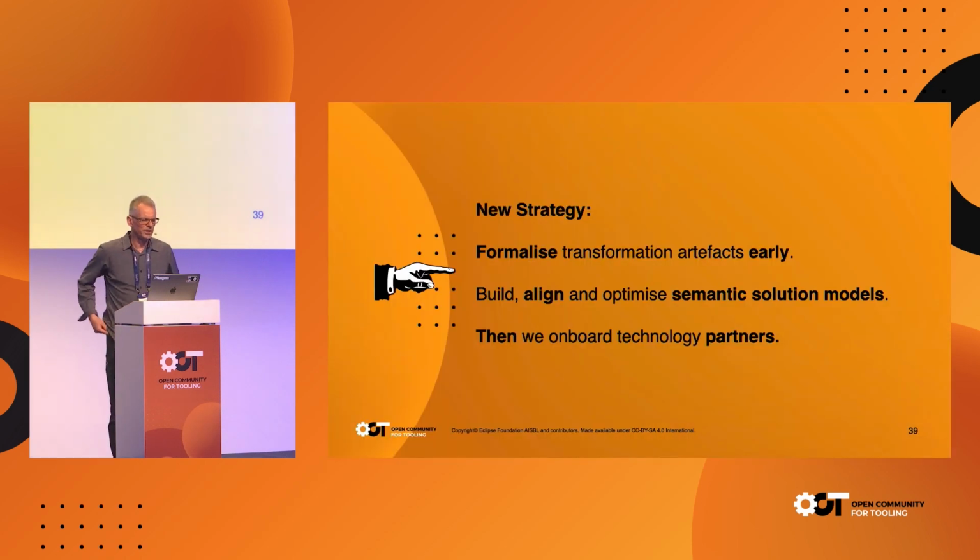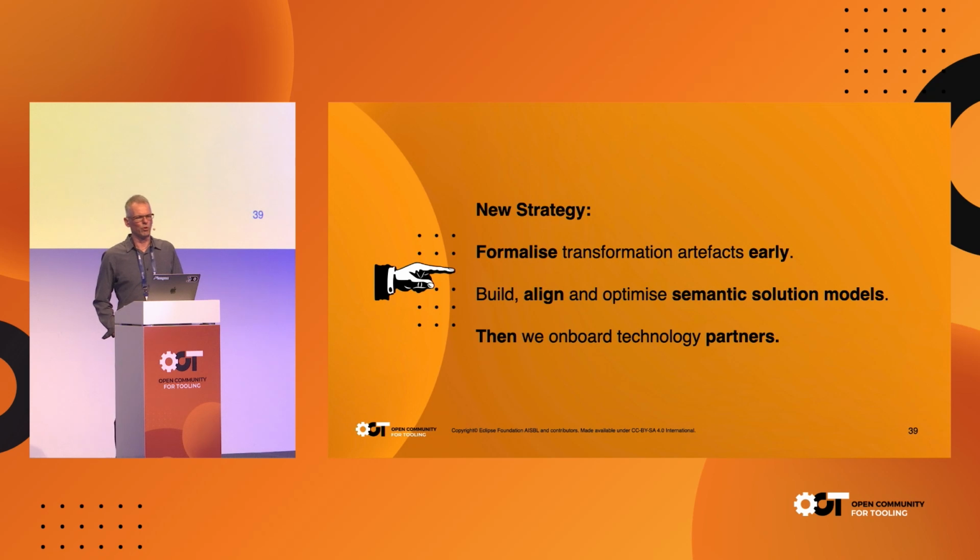So the new strategy is we formalize transformation artifacts early, and then we build, align, and optimize semantic solution models until everyone is happy. This alignment aspect is really important. We don't need to build software to find out that we've misunderstood the domain. We should have something which gives us a much quicker response and a much cheaper validation of our ideas and requirements.